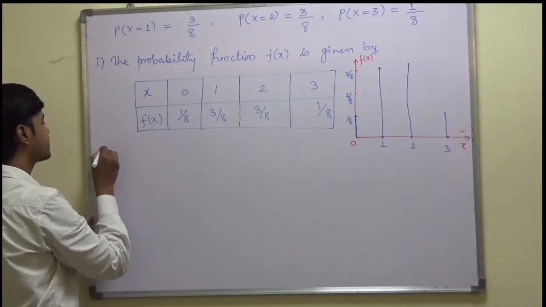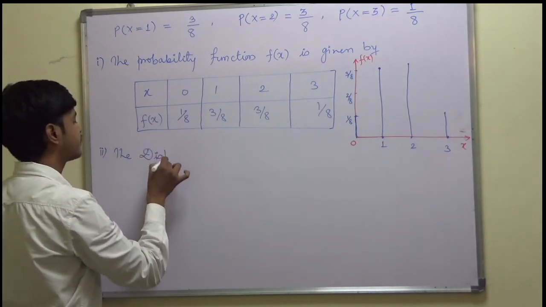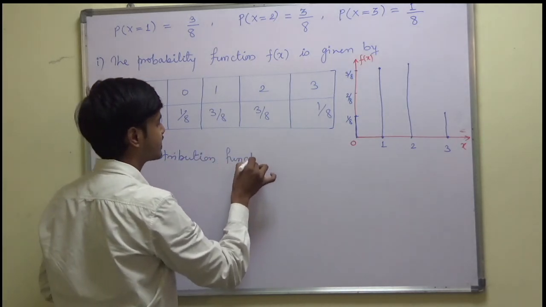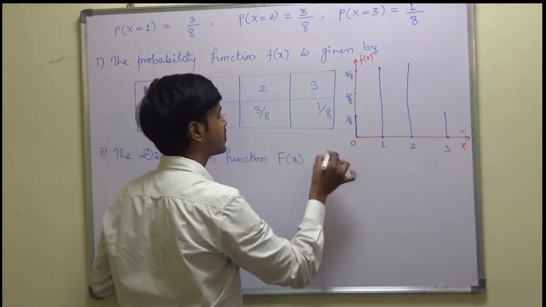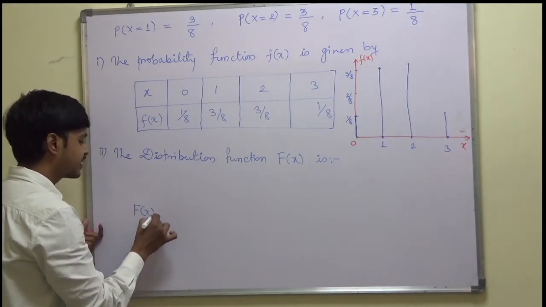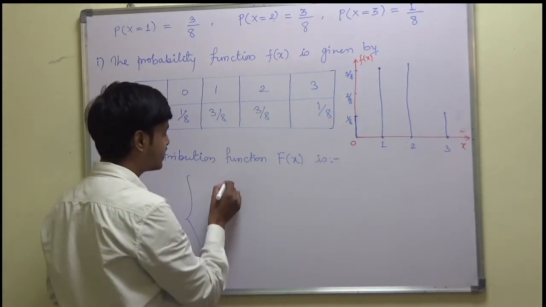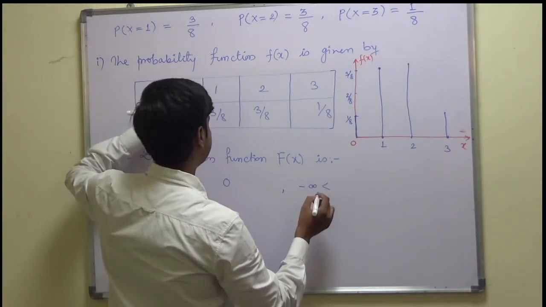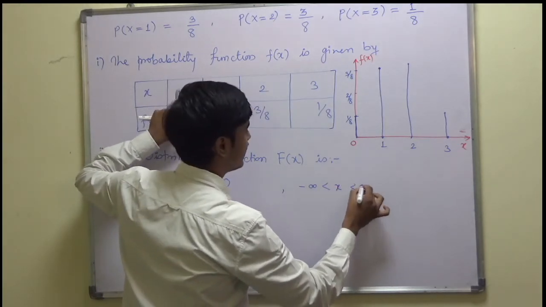The second part says the distribution function F of x. So what is the distribution function F of x? Just write it down. F of x is equal to, I have already told you that you have to start with 0 for minus infinity less than x less than the first number, which is x1 equal to 0.